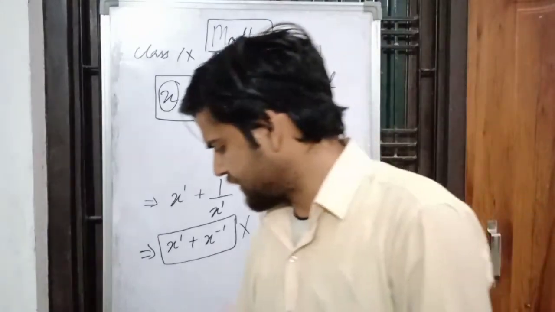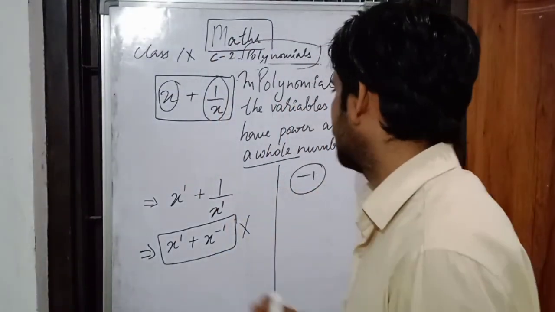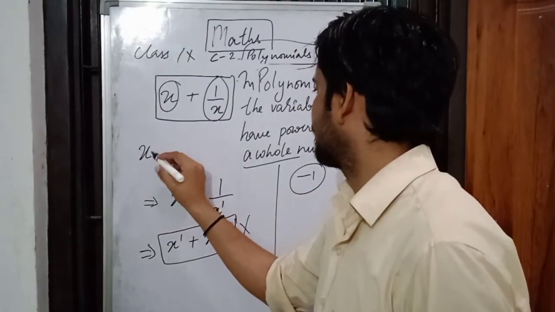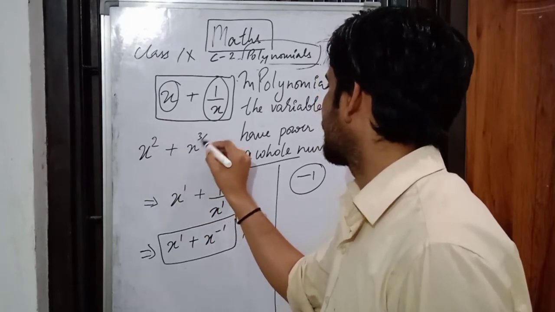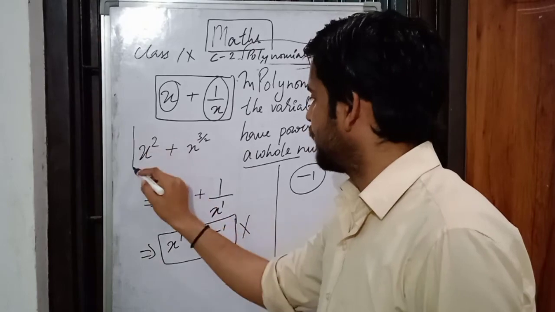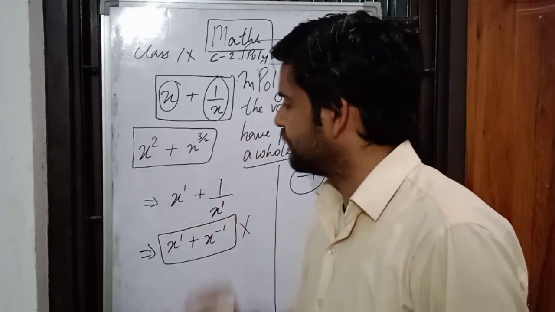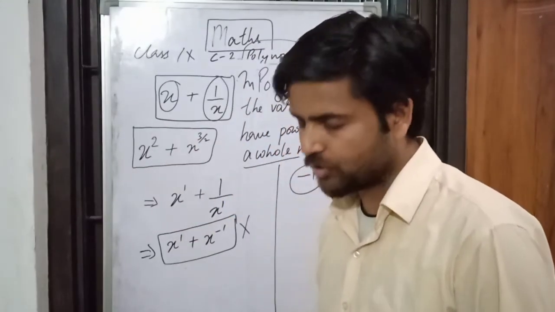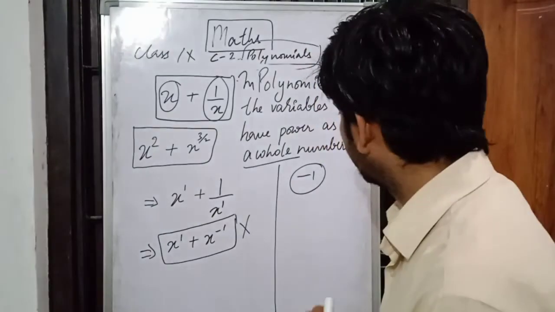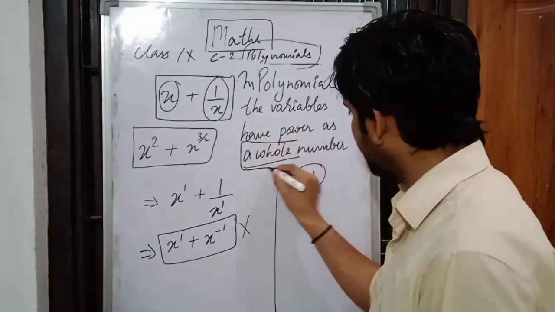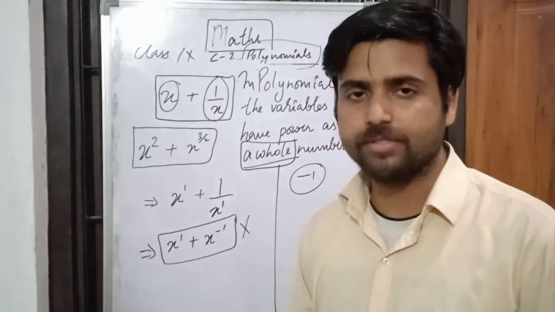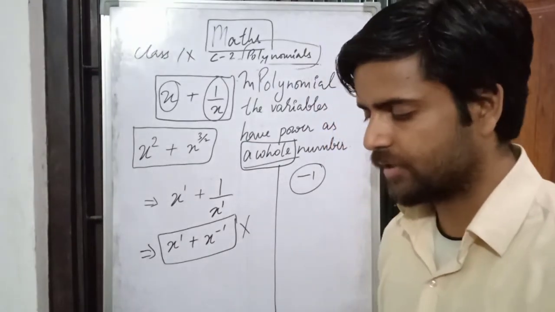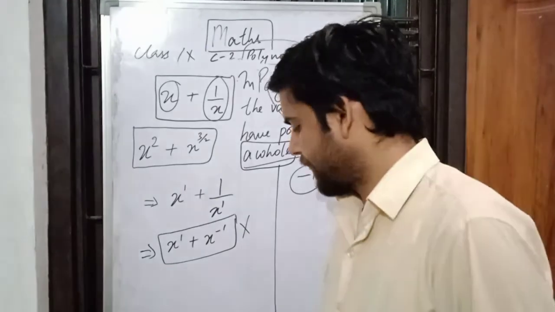And one more, let's say, just tell me whether this expression is a polynomial. Think over it. You have to just see that the power has to be a whole number for all the variables in all the terms.